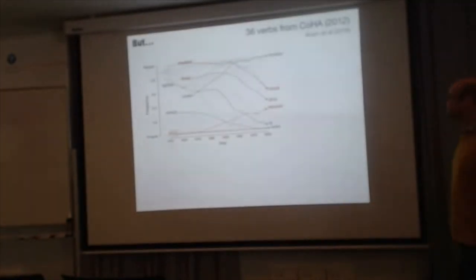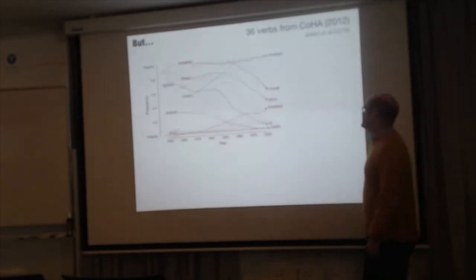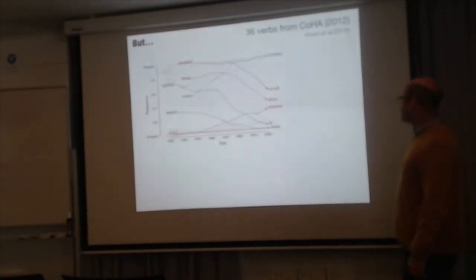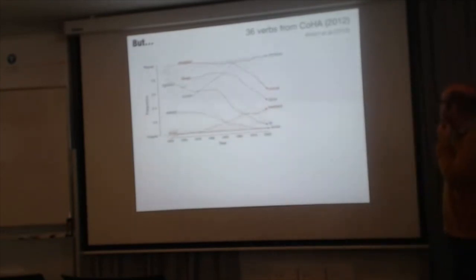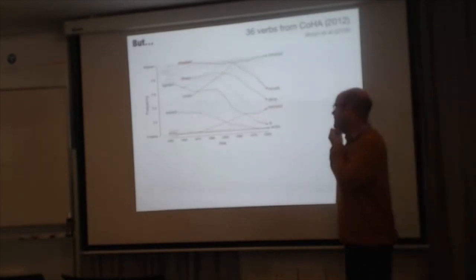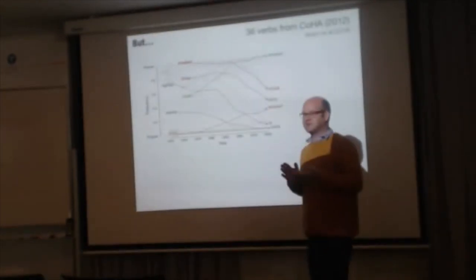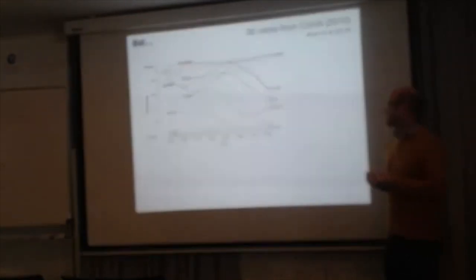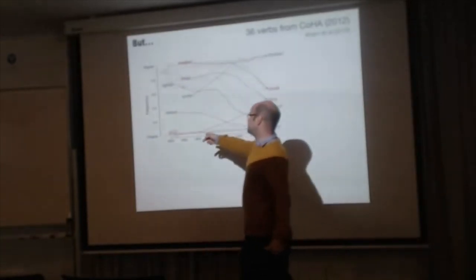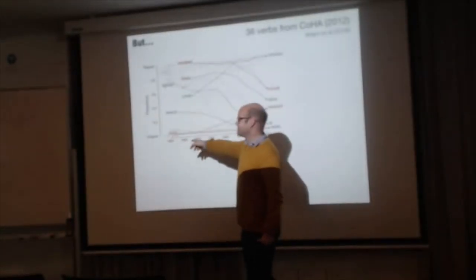Except, this is some very recent work. I haven't seen it in a journal yet, it appeared on a preprint archive, which is a shame because I think it's a really nice piece of work. This is a study looking at verb regularization or irregularization. For each verb you have a choice of two forms, one regular and one irregular, and you can plot what percentage of them are regular or irregular over time.